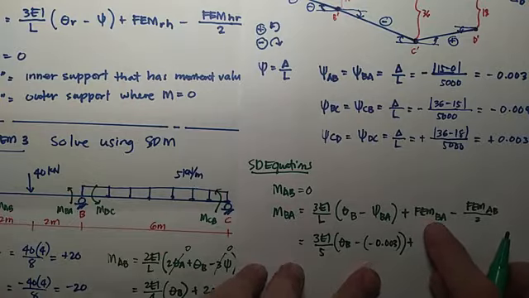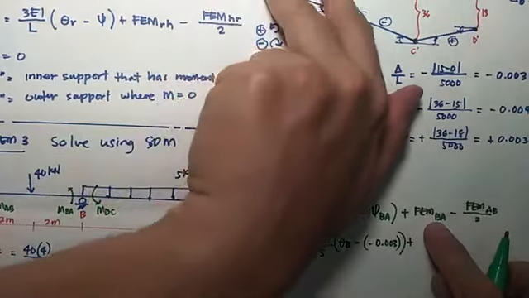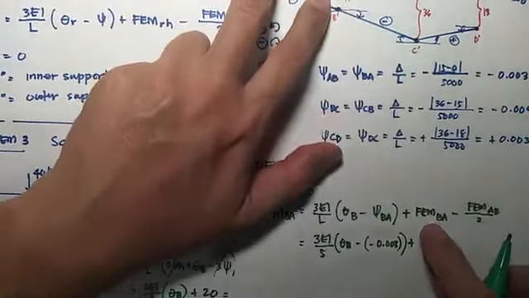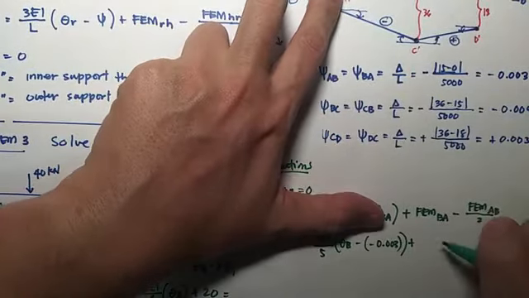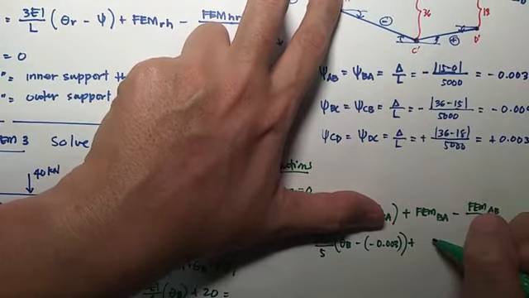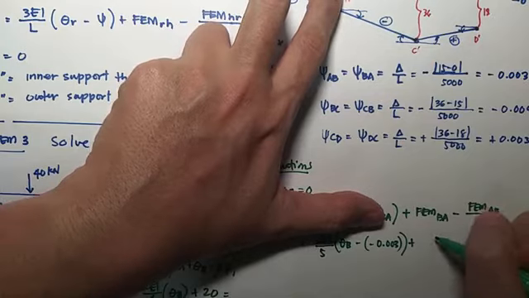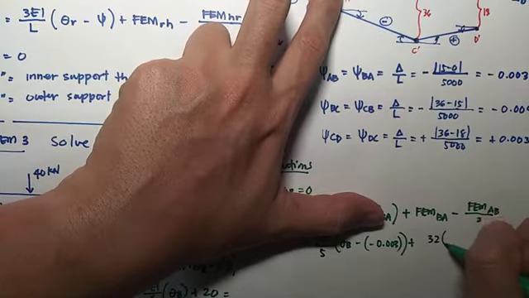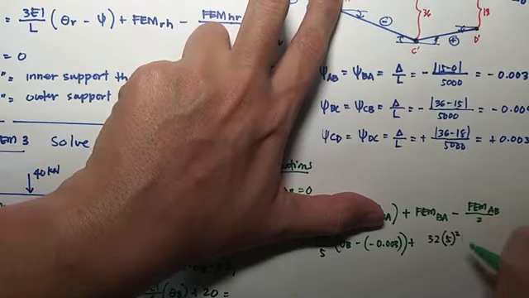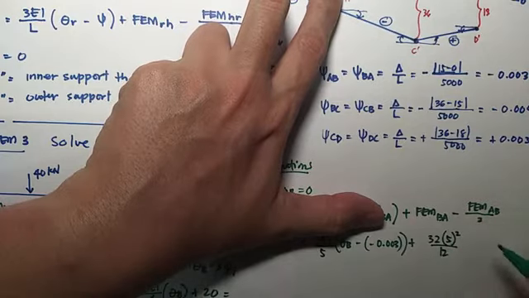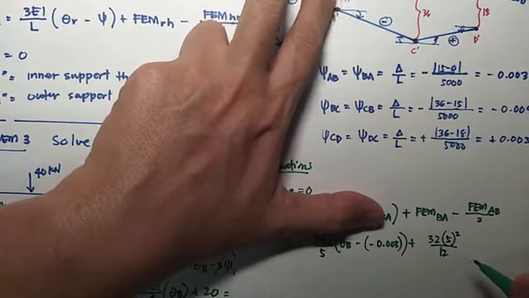The FEM for BA, diba uniform load? So, ano ang FEM pagka uniform load? Diba WL square over 12. W is 32. L is 5 square over 12. Diba? WL square over 12 ang fixed end moment pagka uniform load.